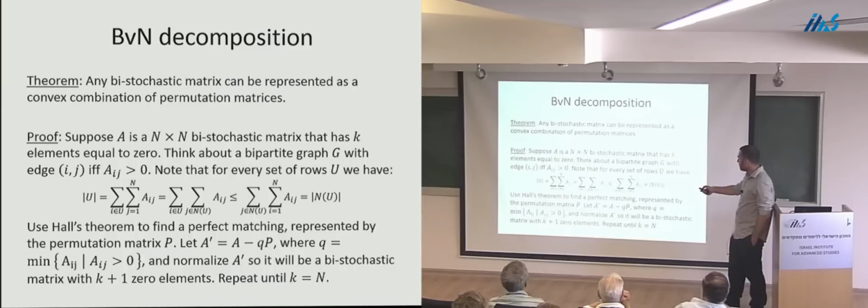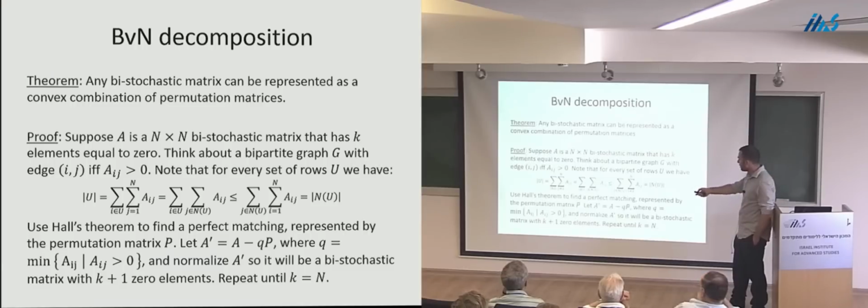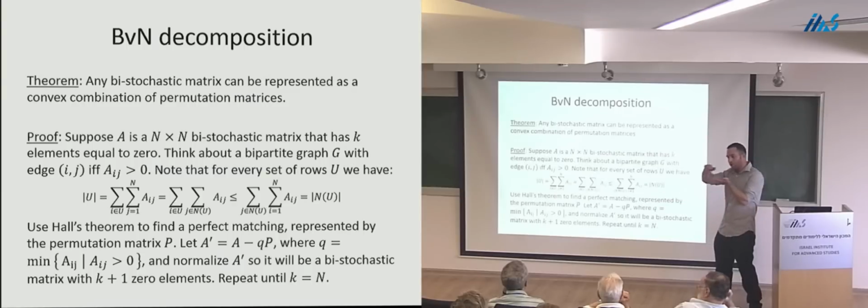So think about a bipartite graph, a two-sided graph, with an edge ij if the element in the matrix is positive. If it's 0, we don't have an edge. Now note that for every set of rows, every set of doctors U, the size of the set equals the sum, going over all the doctors in the set, of all the elements in the row. That's because the sum of each row is 1.